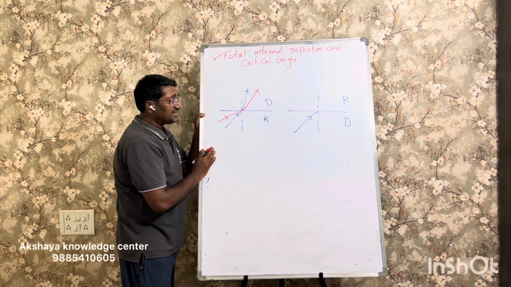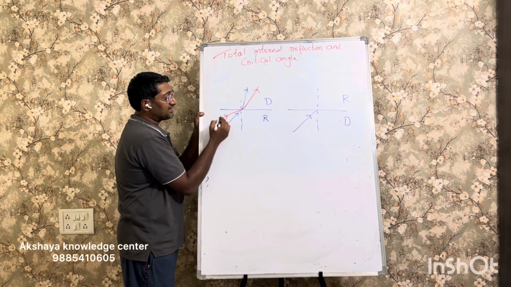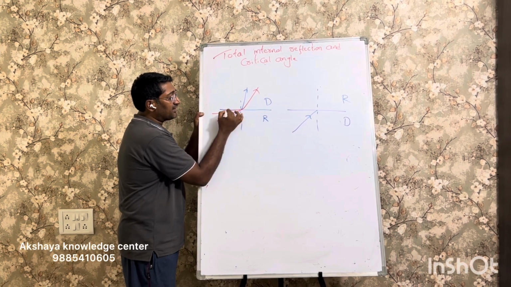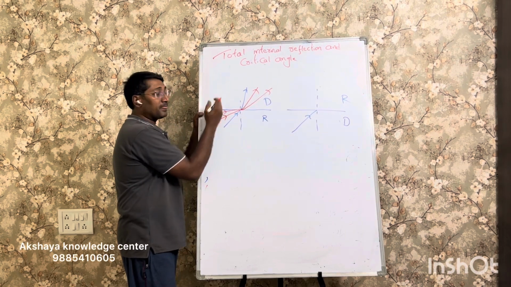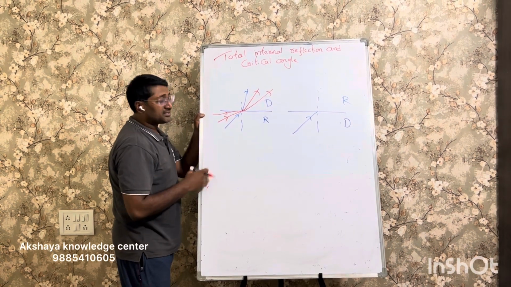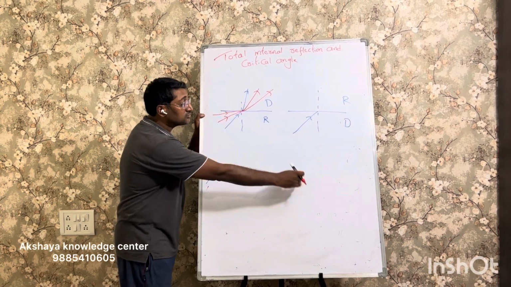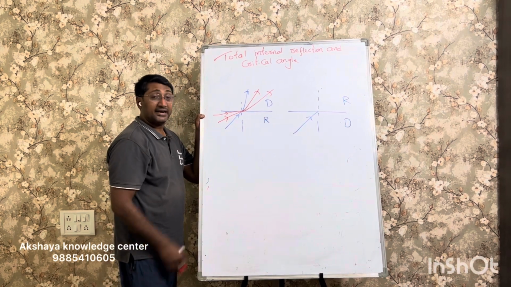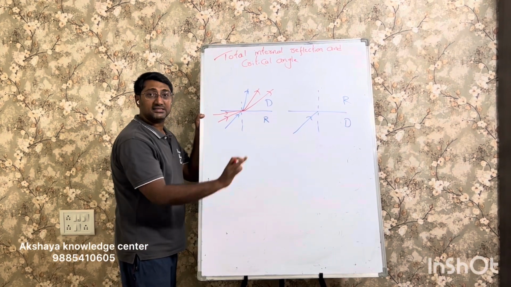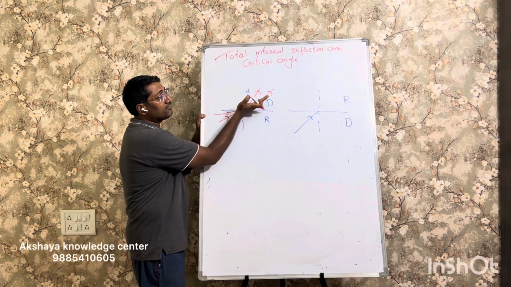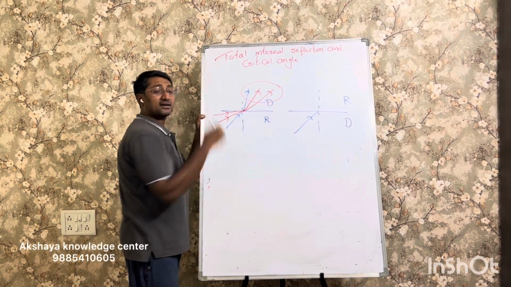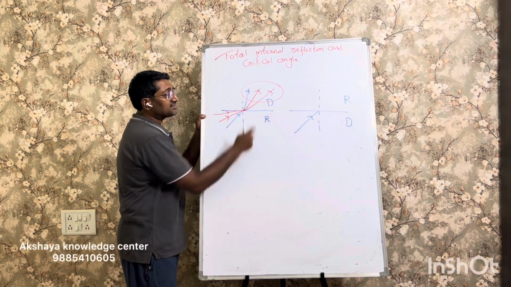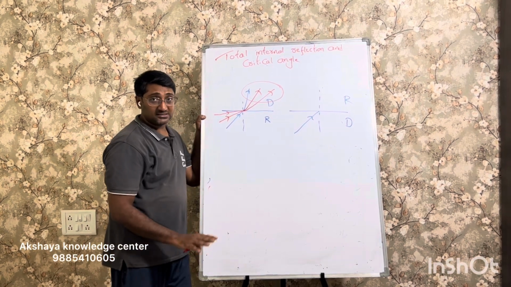So as you can see, in case of rarer to denser, even if I take an angle very close to 90, it will still bend towards the normal. Under such a scenario, there is no way light would bounce back to the original side. Total internal reflection is not possible because light is always bending towards the normal and refraction will always occur. So rarer to denser, total internal reflection is not possible.